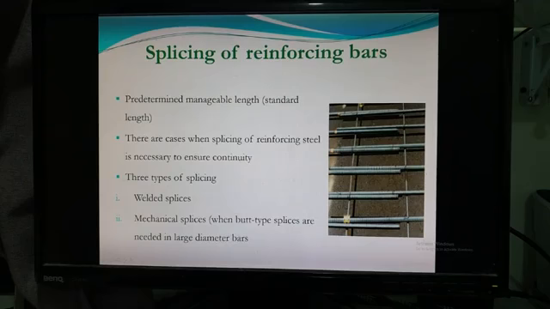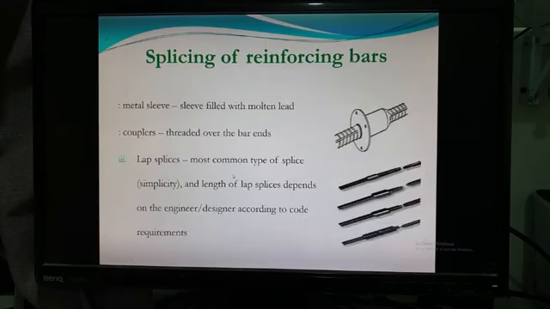This is to ensure the continuity of the structure. For types of splicing, we have welded splices, meaning that between these two reinforcements we would weld them together. Mechanical splices are joints which have a special type of joint to join these two reinforcements.